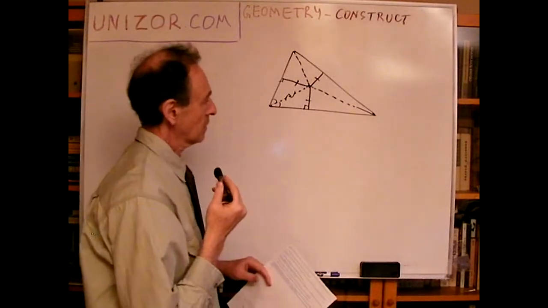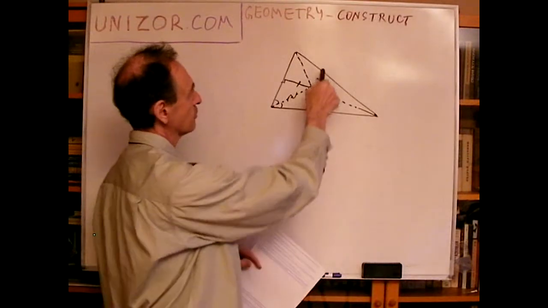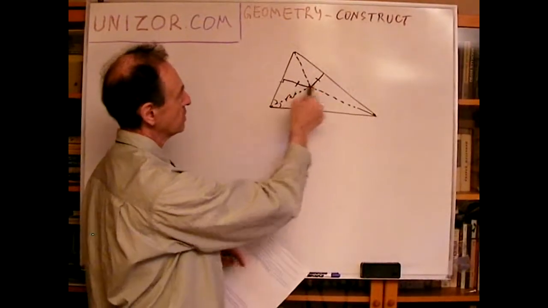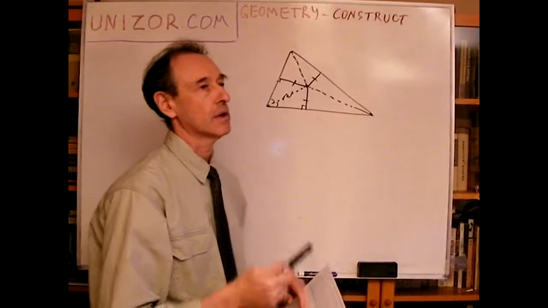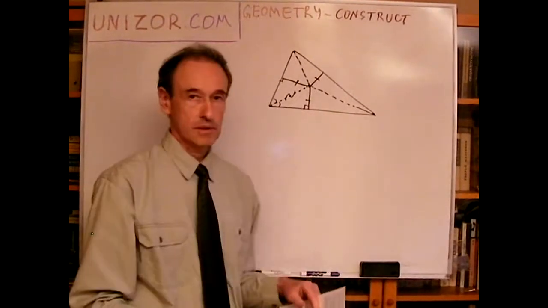So to construct this point, which is equidistant from three sides, which means the perpendiculars to the sides are equal to each other, you just have to draw a couple of angle bisectors.